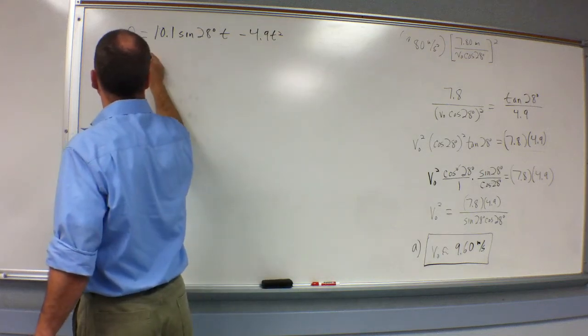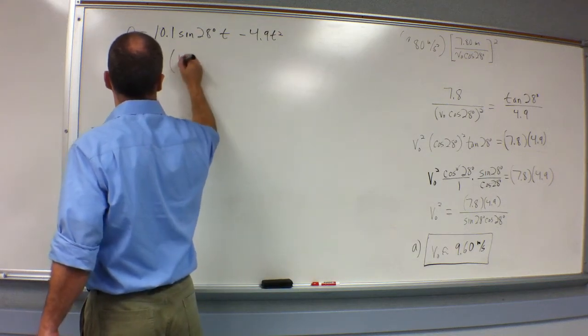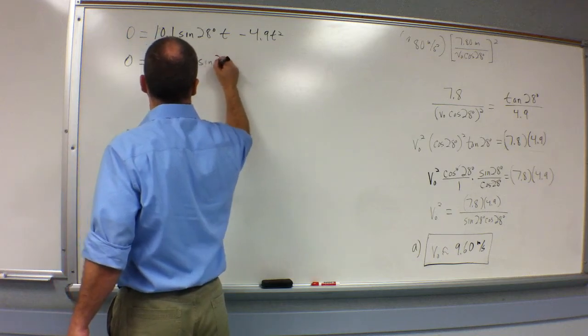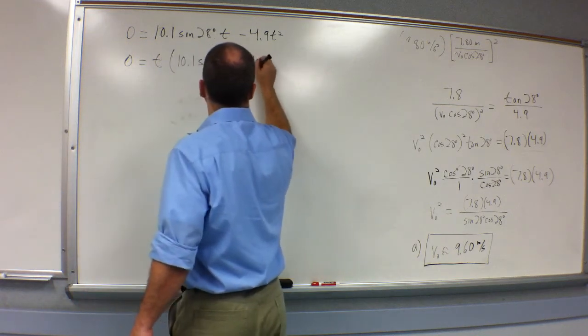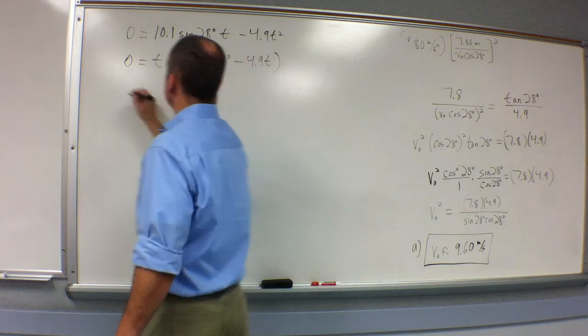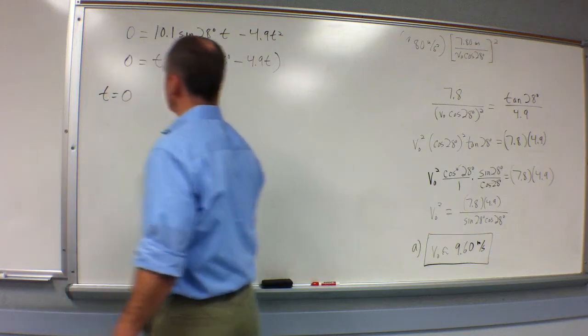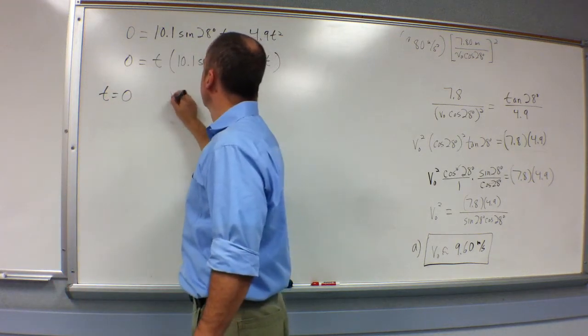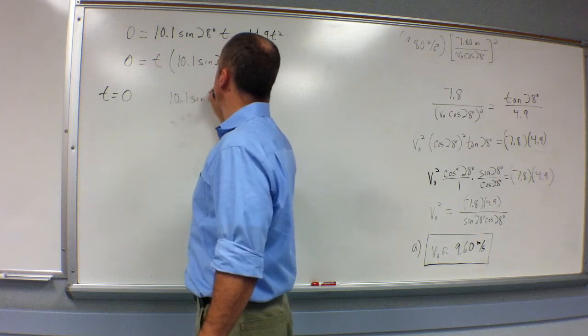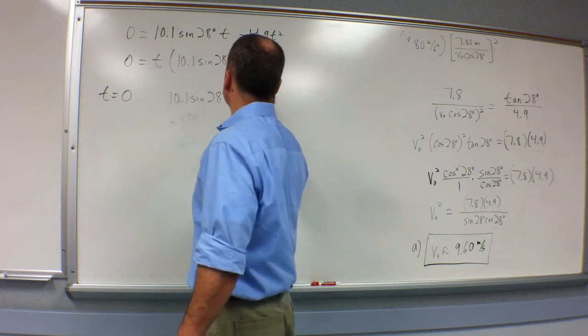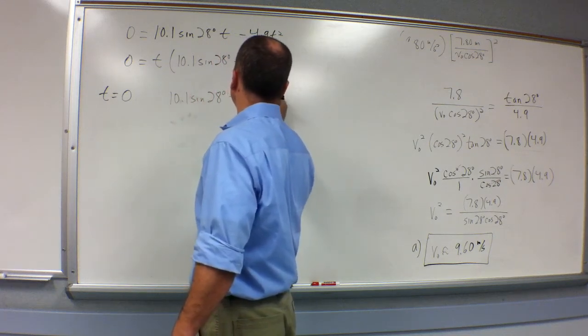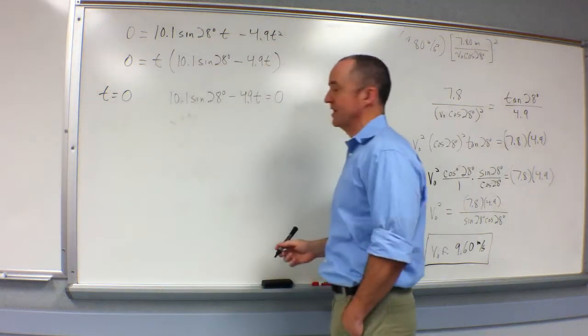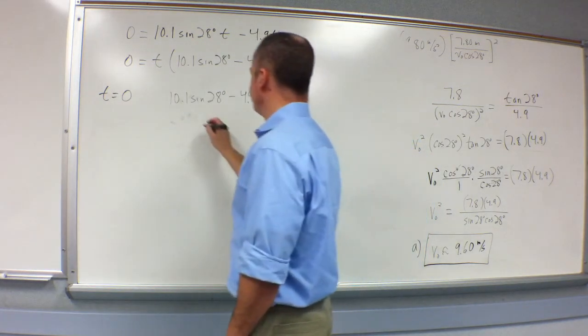Again, I'm going to factor out a t, leaving me with my two solutions of time equals 0, that's when he took off, and 10.1 sine 28 degrees minus 4.9 t equals 0, which will tell me when he landed, I hope.